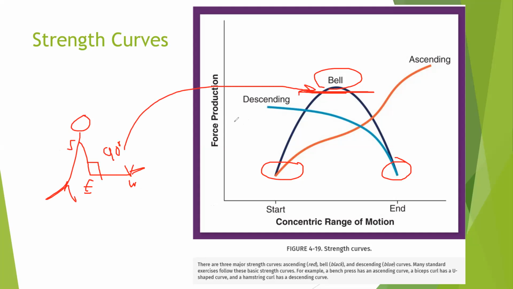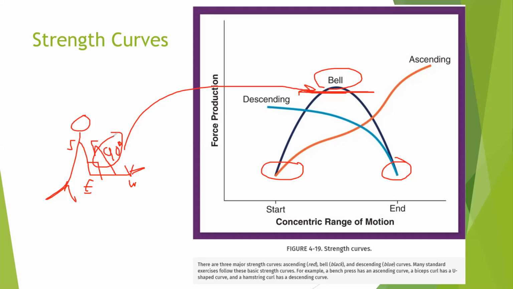It's actually roughly 80 degrees. You produce your most amount of force there. But anyway, just for brevity here, at about 90 degrees, you produce the most amount of force there. As your arm moves past 90 degrees, it becomes a lot easier. But when you're around that 90 degrees, it becomes the most difficult.